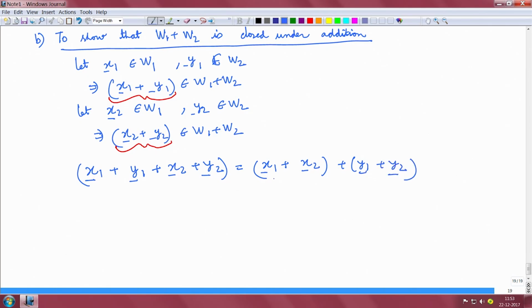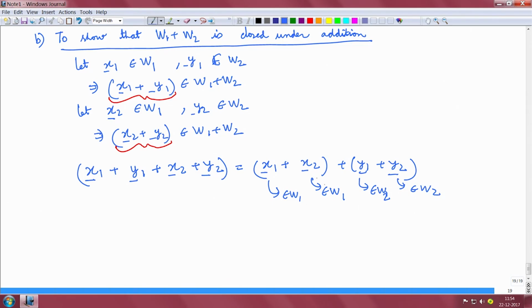Now, we know that x1 and x2 belong to W1, and y1 and y2 belong to W2.